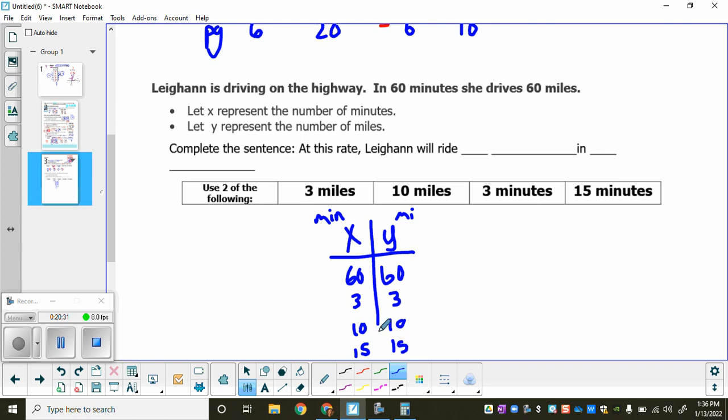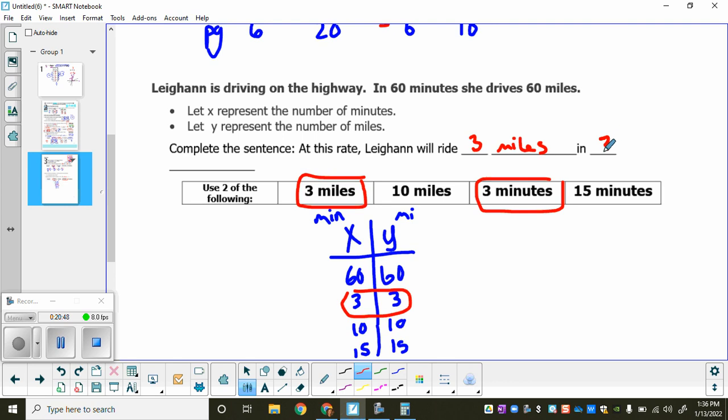Looks like we're expecting the same number. So basically what we're going to pick here is the 3 miles in the 3 minutes. Okay? So at this rate, Leanne will ride 3 miles in 3 minutes. And that means that she's going 1 mile every minute.